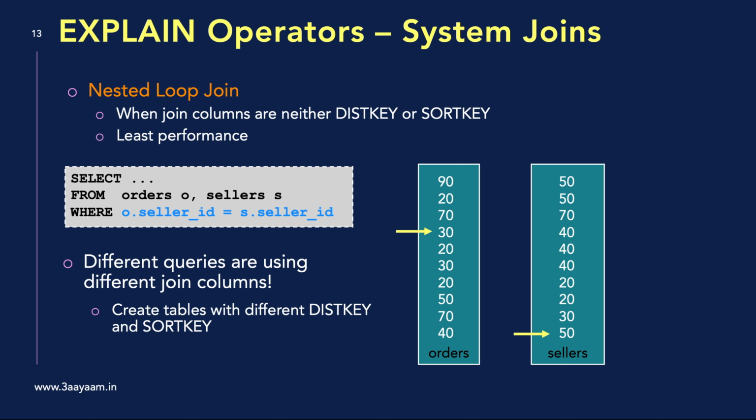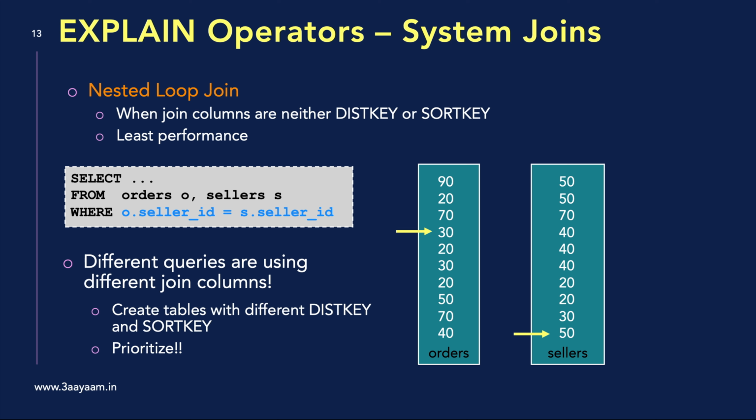Now for those two different tables, the distribution key and sort key would be as per the joining column. But of course, if the number of queries is very high, you can imagine the duplication would be pretty high also. And you have to make sure that all of your pipelines hydrate all the tables. So you're writing multiple times. So it might not be a viable option.